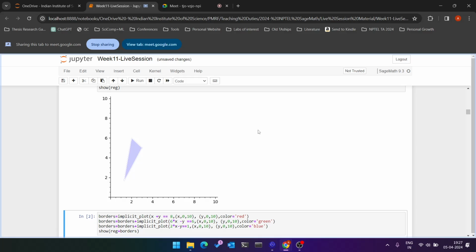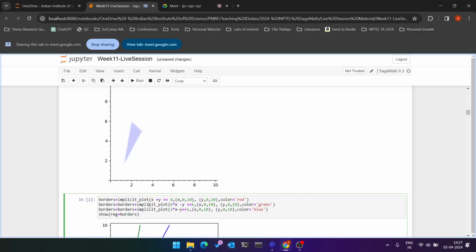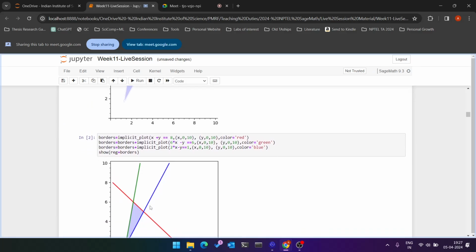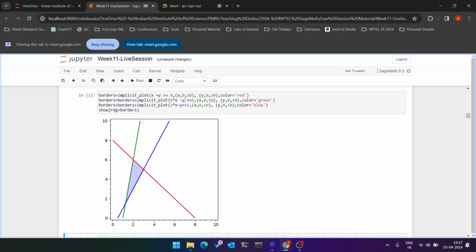And if I show the region, this is how the region looks like. It's a triangle with all the three borders. The borders are shown below. Okay, we'll dissect all the borders together. So the first border is red, x plus y is equal to 8. This is the first constraint written in equality form. It's extended all the way till it becomes tight.